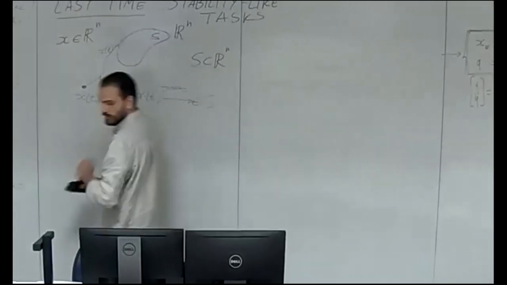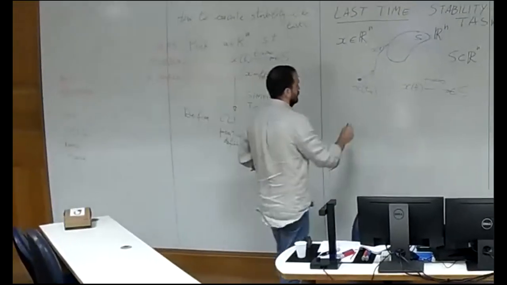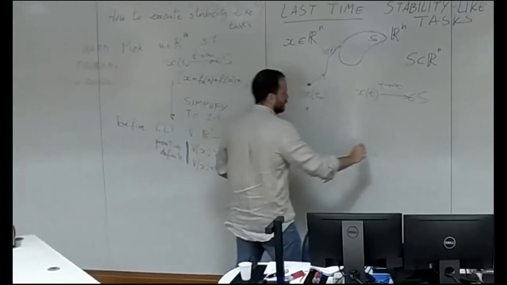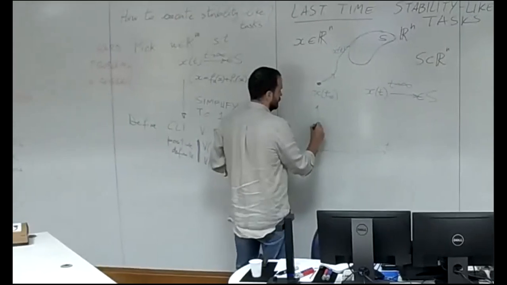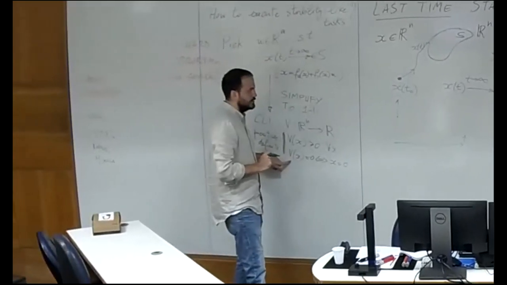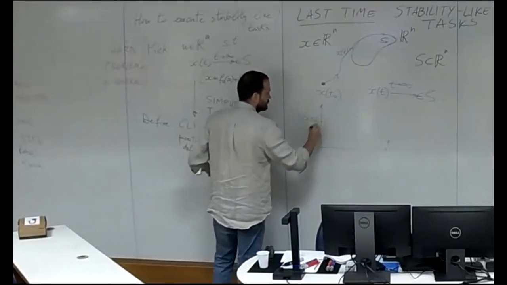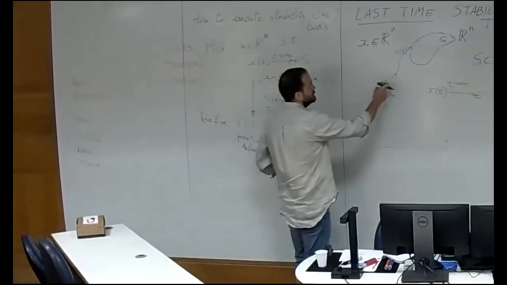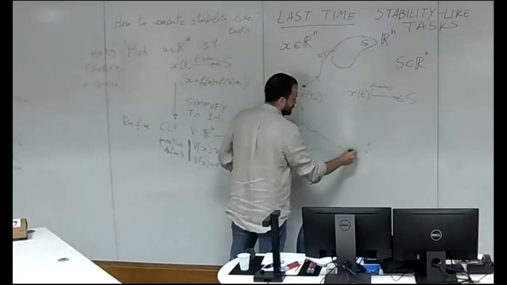So the picture here, the parallel picture, is as time advances, the value of V starts at V of x at t0. And then as t approaches infinity, V approaches 0.